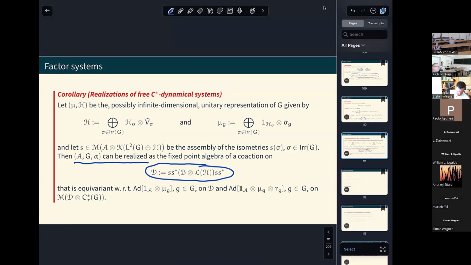So what I'm saying here is you have a coaction from D into the multiplier algebra of D times the group C-star algebra. And then the free C-star dynamical system is the fixed point algebra of this coaction. This is a nice way to realize C-star dynamical systems.